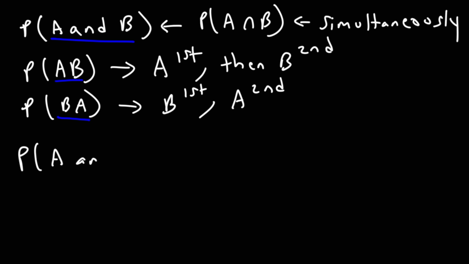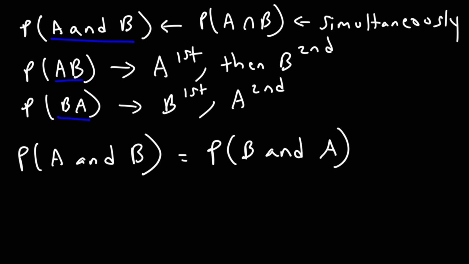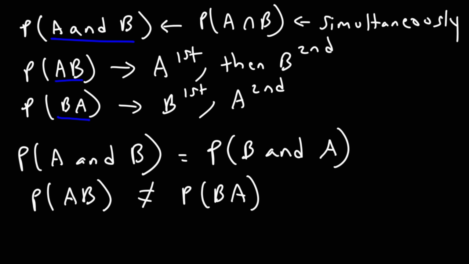Now, the probability that A and B will occur is equal to the probability that B and A will occur, because these events occur at the same time. But the probability of A then B doesn't always equal the probability of B and then A occurring. So these two are not always the same.